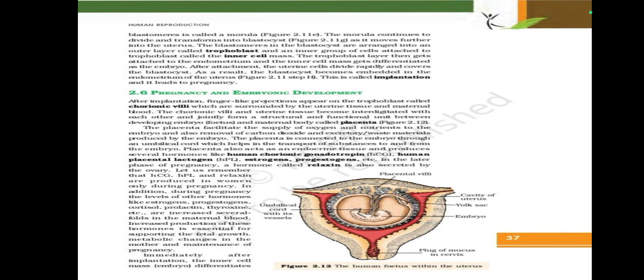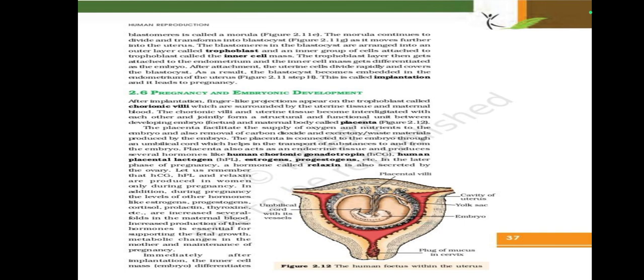The placenta also acts as an endocrine tissue and produces several hormones like human chorionic gonadotropin (hCG), human placental lactogen (hPL), estrogens, progesterones, etc. In the latter phase of pregnancy, a hormone called relaxin is also secreted by the ovary. Let us remember that hCG, hPL, and relaxin are produced in women only during pregnancy.